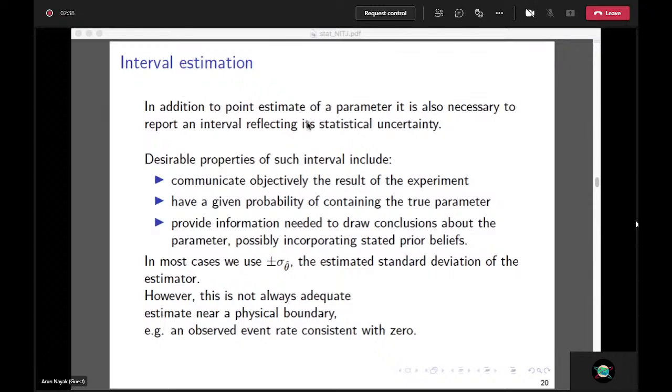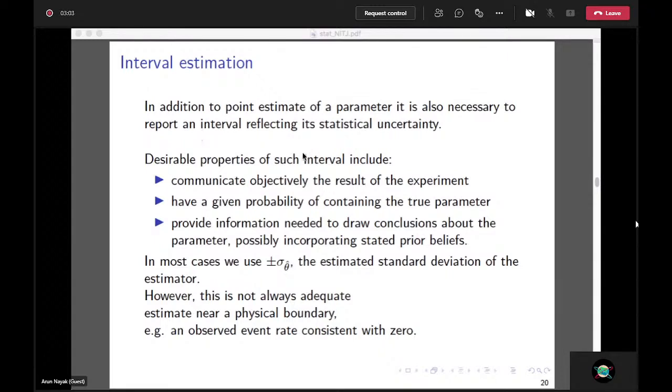Whenever we do some estimation of parameters, it is necessary that we also report an interval reflecting its statistical uncertainty. You have calculated the statistical uncertainty, I guess, in the case of maximum likelihood fit and least square method.